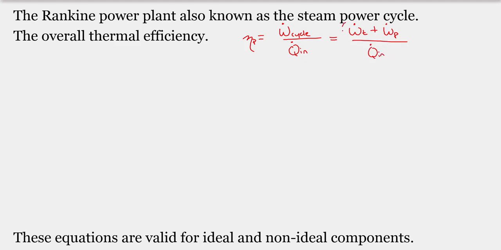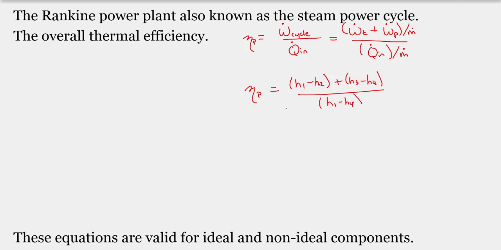And we can take each of these and normalize the numerator and the denominator by the mass flow rate, and then we can go ahead and substitute in the expressions that we had just derived on the previous slide. And what we have is now an expression for the power plant efficiency, which says like this.